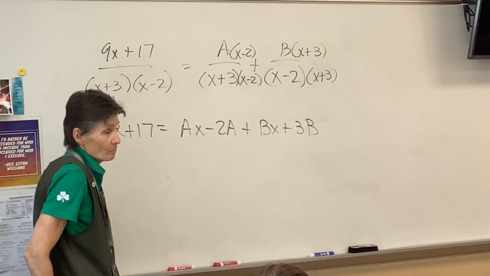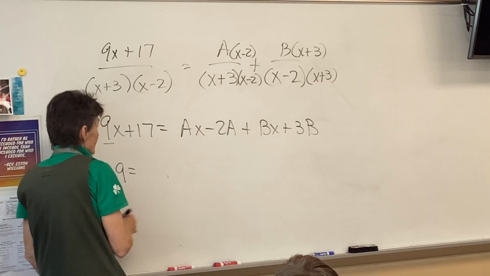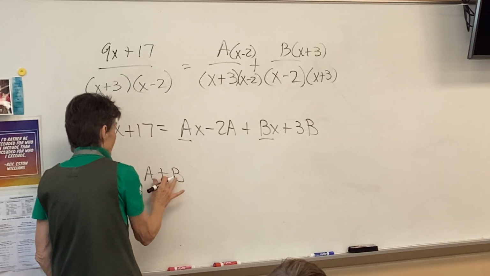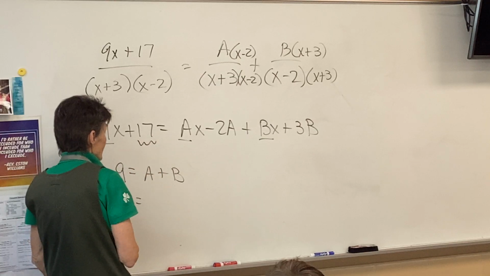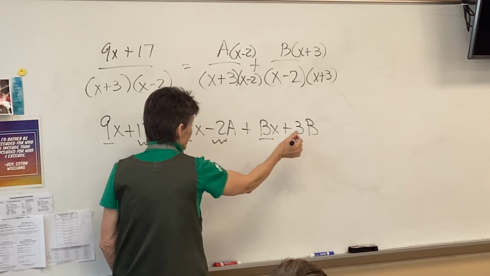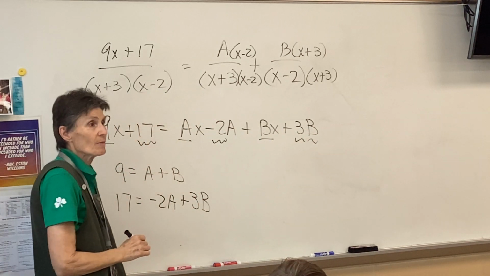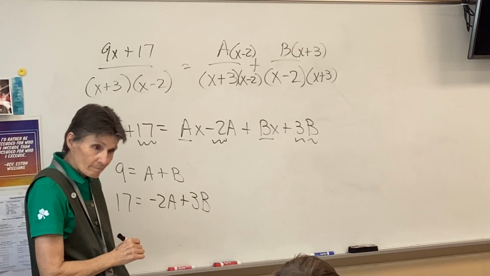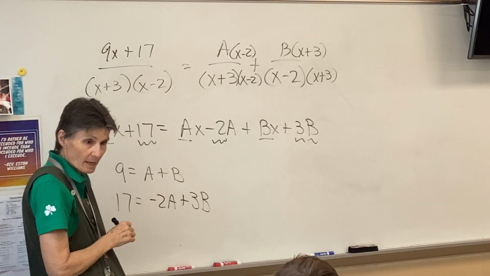All right, now I got 9 x's. So that's gotta be equal to a plus b. I have a 17, and that's gotta be equal to negative 2a plus 3b. Everybody okay with that step? Because the x's on this side have to match the x's on that side.